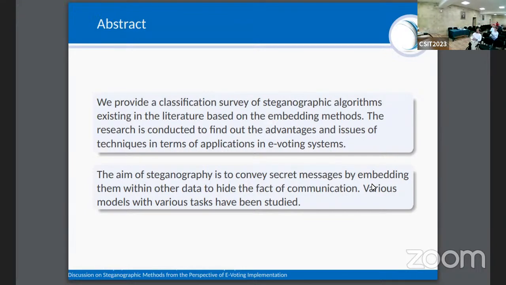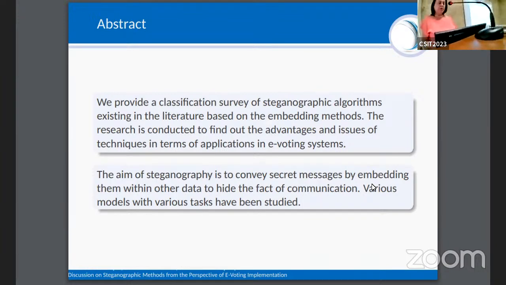I will just remind that the aim of steganography is to convey secret messages by embedding them within other data to hide the fact of communication.